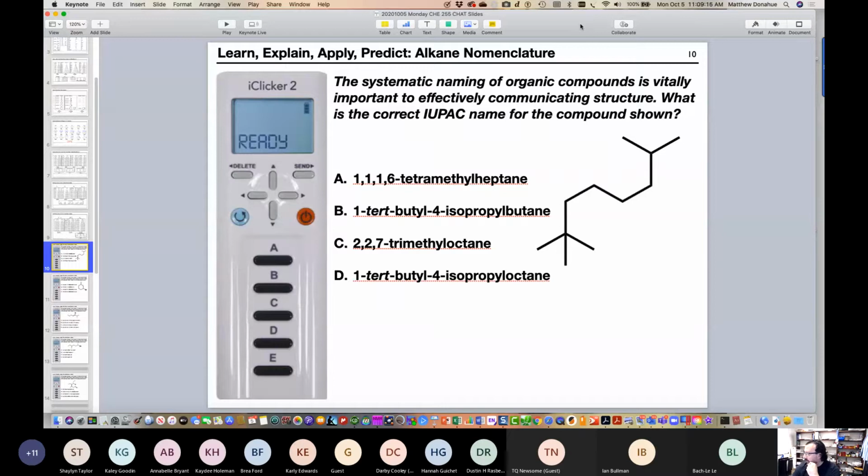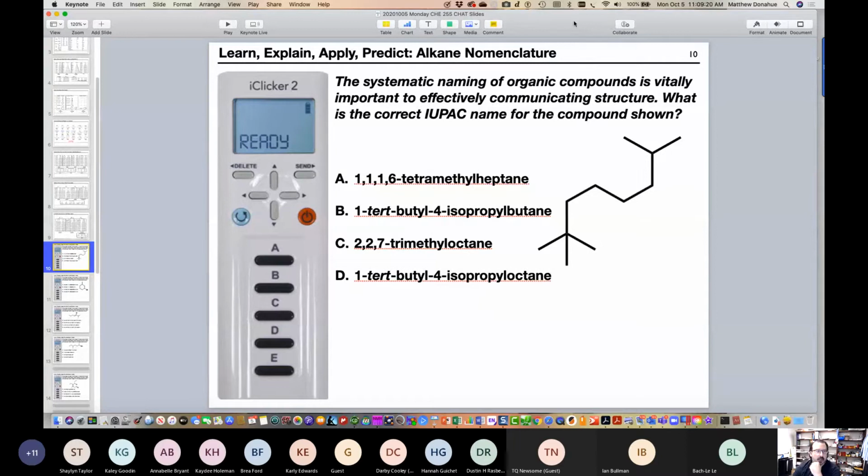So we got a couple people saying it looks fine. Works now. Okay, so maybe it's just a temporary internet thing. So maybe Ian, try logging off and logging back in.